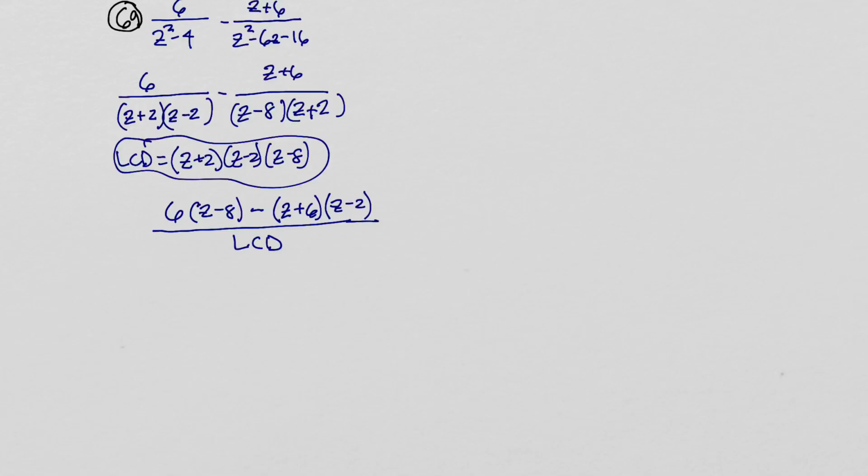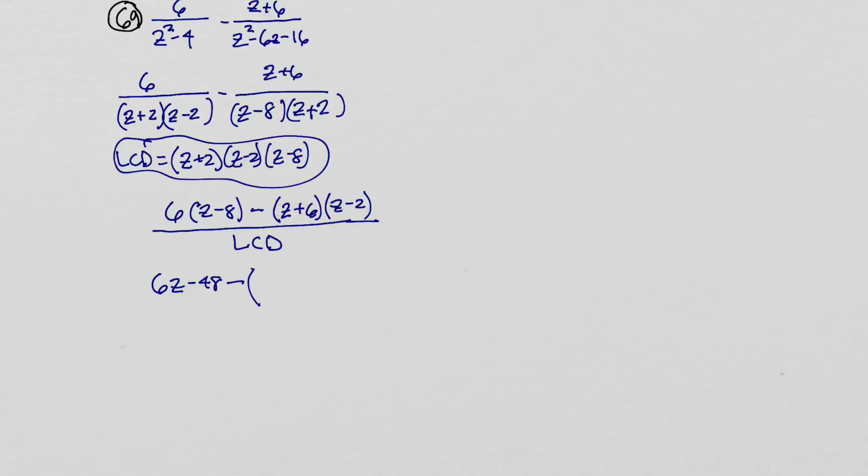Now let's multiply this entire top out and combine like terms. So we'll get 6z minus 48 minus, now because I got a minus here, I need an extra step. That's just the way it is with minuses. I'm going to multiply this out and then take the minus sign through. So minus all of this.